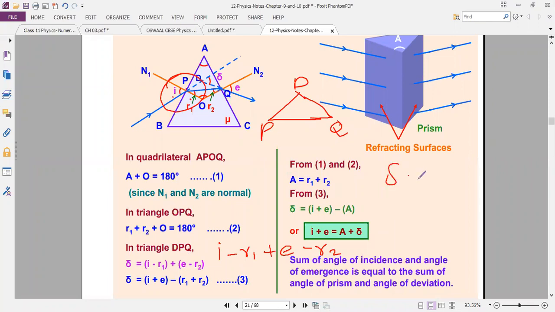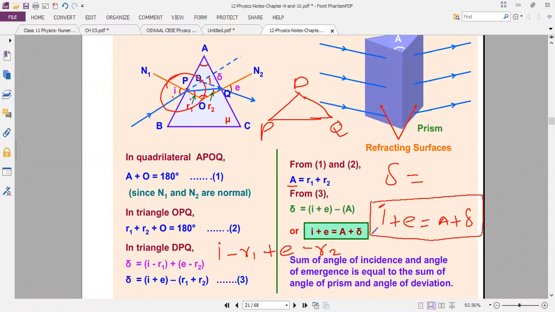So delta equals I plus E minus (R1 plus R2), and the value is A. Apply the value, then you will get delta equal to I plus E minus A. Otherwise, I plus E equals A plus delta.